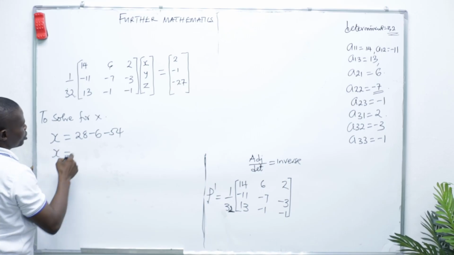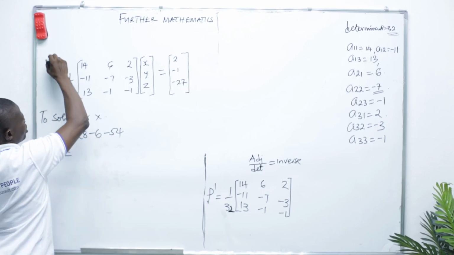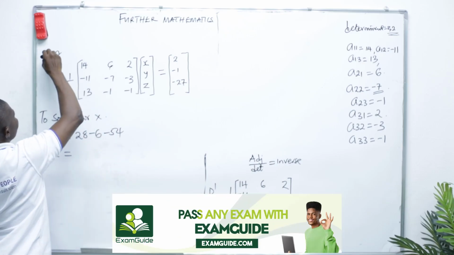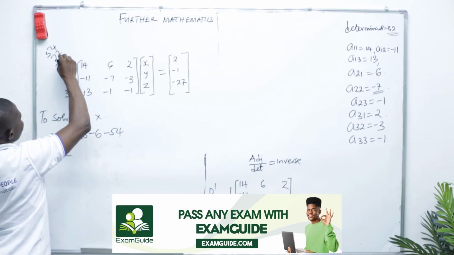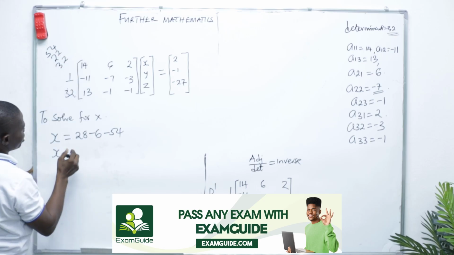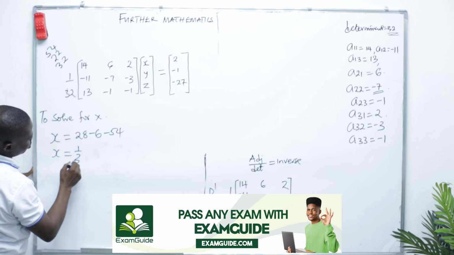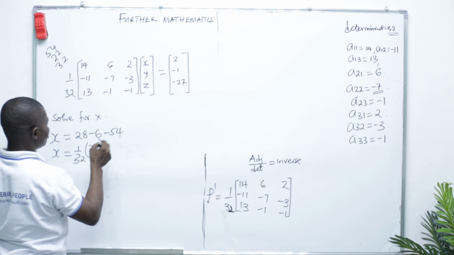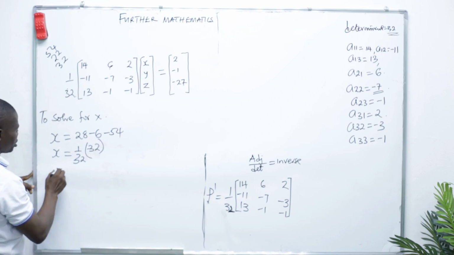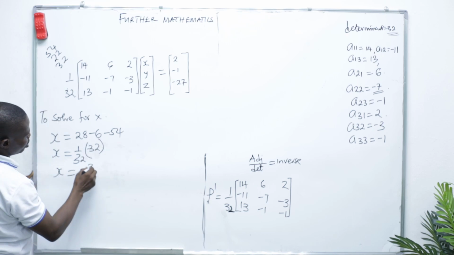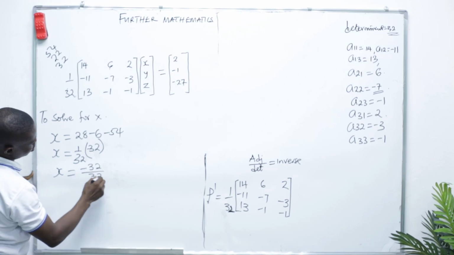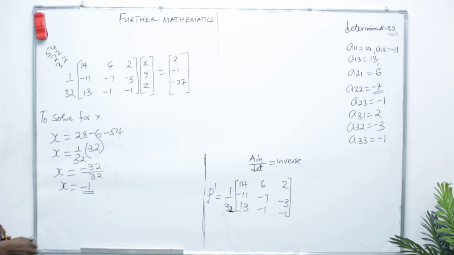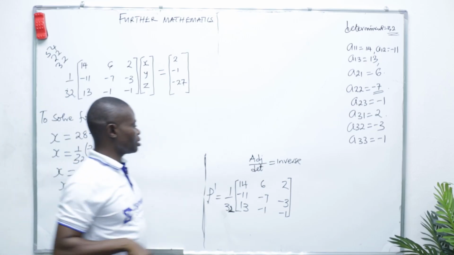X equals this minus this, that's 22, minus 54, that's minus 32. So x now is 1 over 32 multiplied by minus 32. X equals minus 32 all over 32. X equals minus 1. So that's the first solution for x.